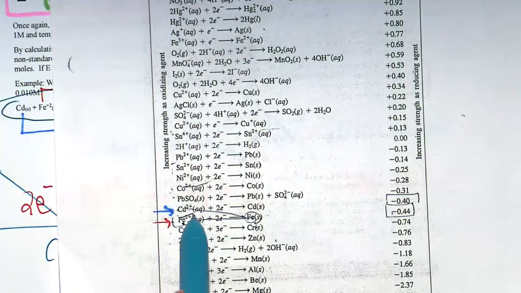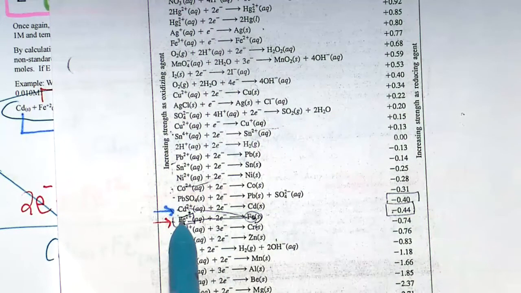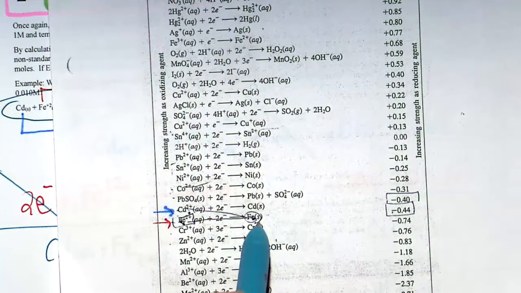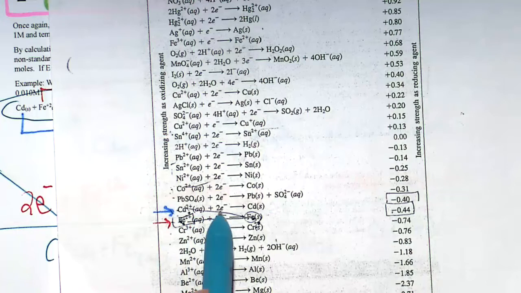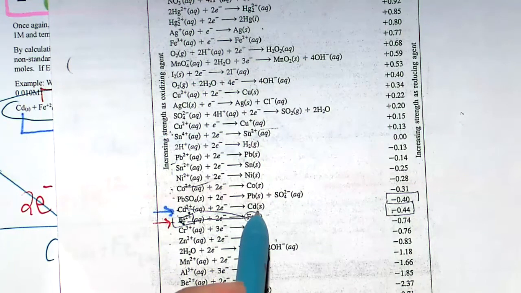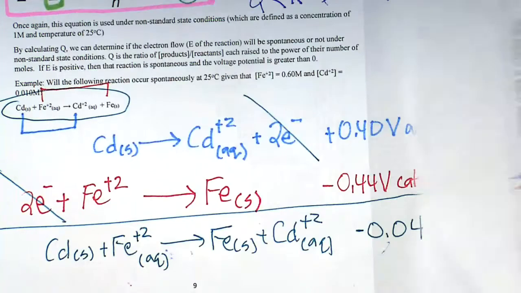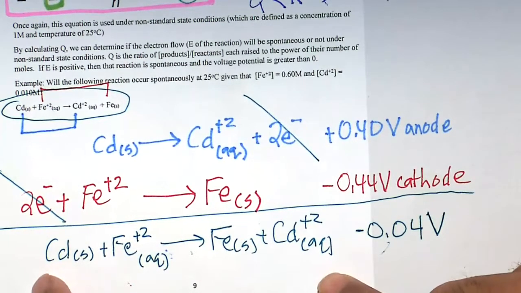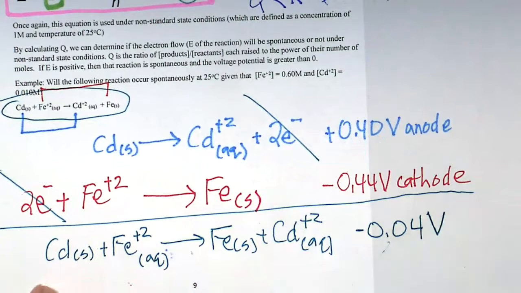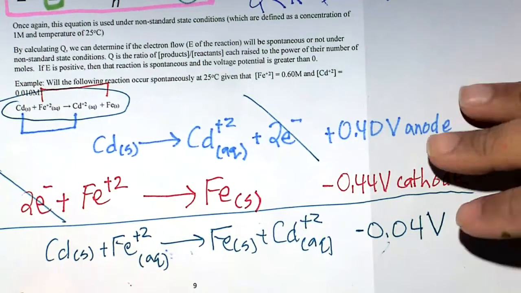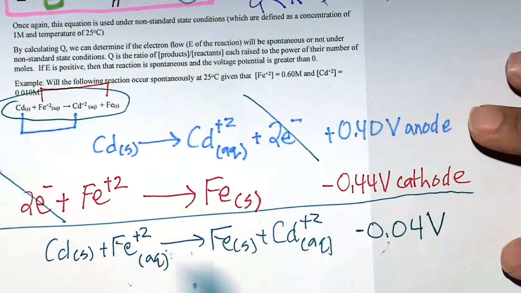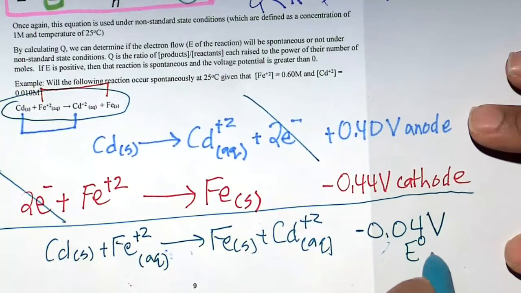Cadmium can oxidize iron to iron plus 2, but iron solid cannot oxidize cadmium, cadmium solid to cadmium plus 2 cannot occur. The opposite can occur. All right, so this we're going to call E cell.